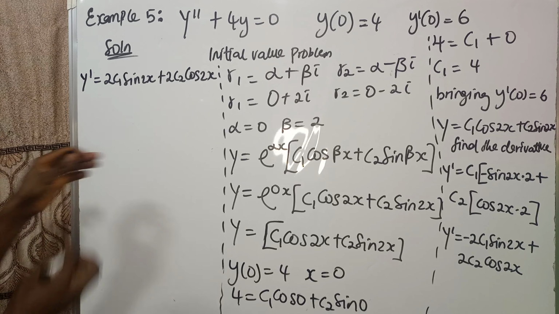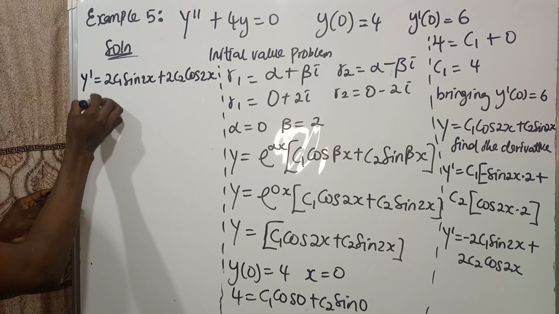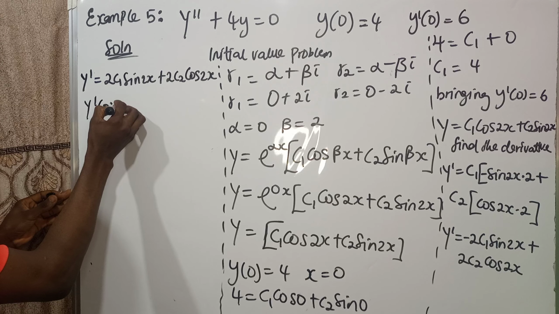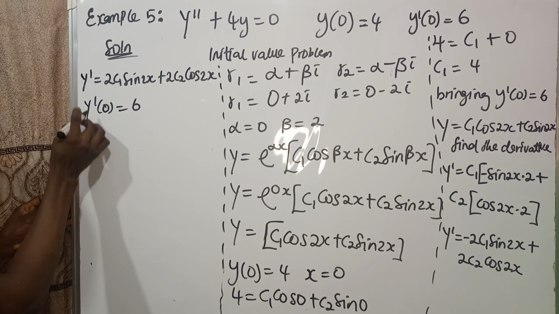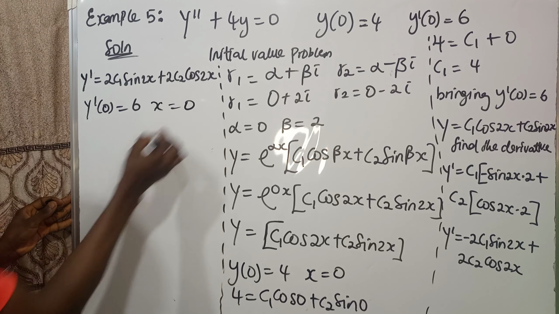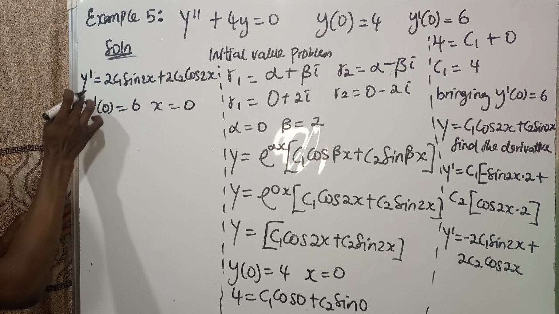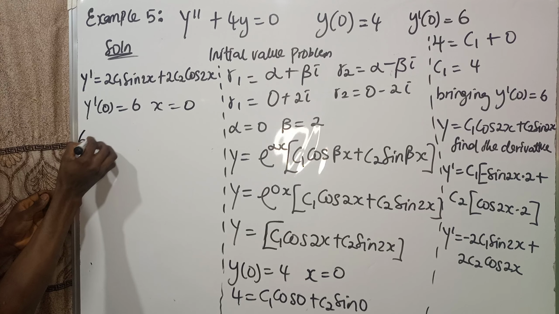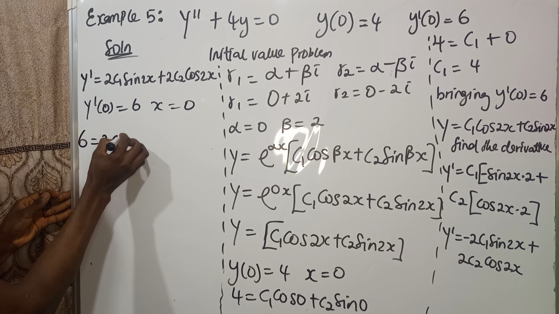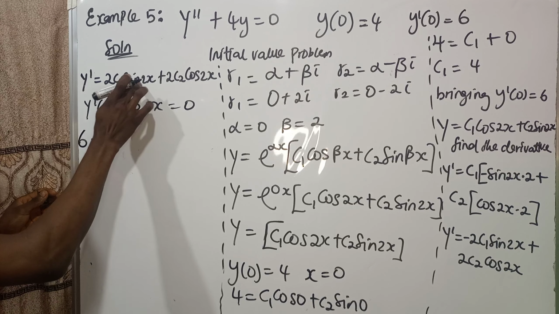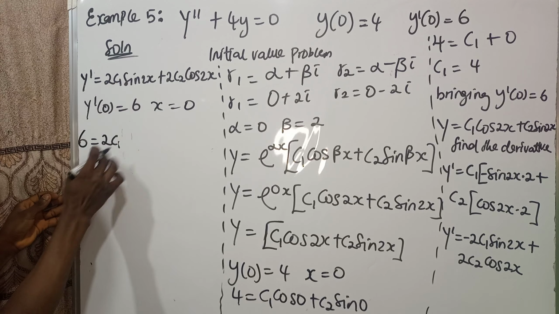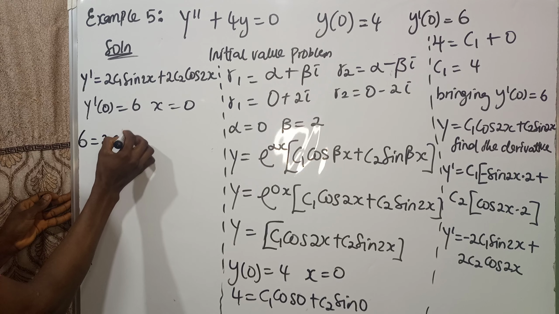So y prime(0) is equal to 6, so we are going to replace it here. Remember, x will be 0. Anywhere we see y prime, we put 6. 6 is equal to minus 2c1, and our x is 0, 2 times 0 is 0, sine 0 is 0.